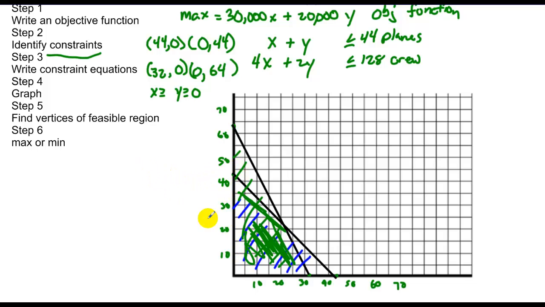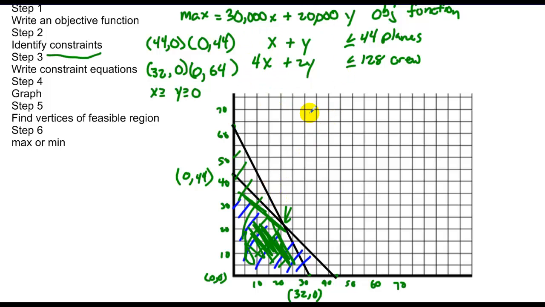So we look once again at our endpoints, and I have one here at 0 and 44. I have another one here at 32 and 0. This is 0, 0. And then I'm going to have to find this point right here. It's not totally obvious to me what it is, so I'm going to solve the system. All right, I'll go over here to solve my system.